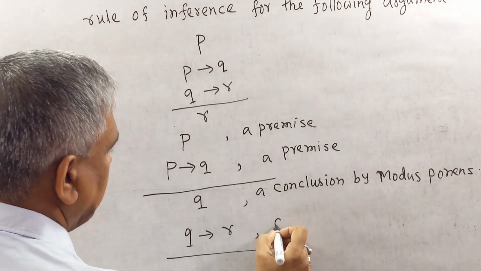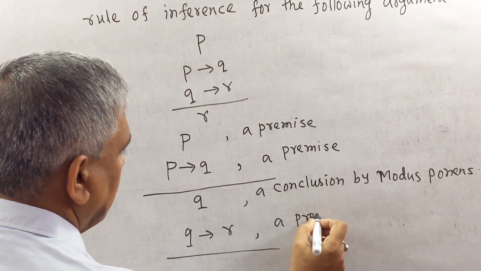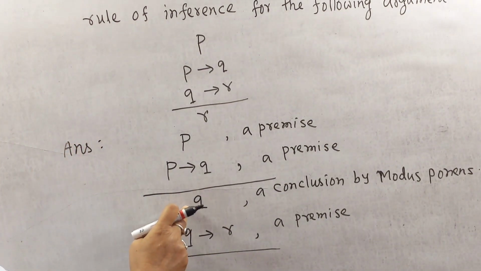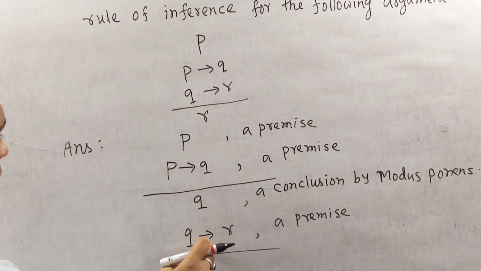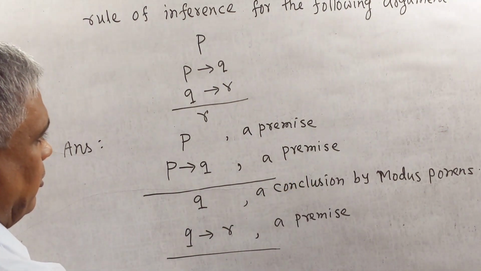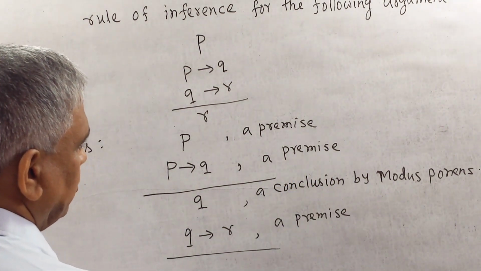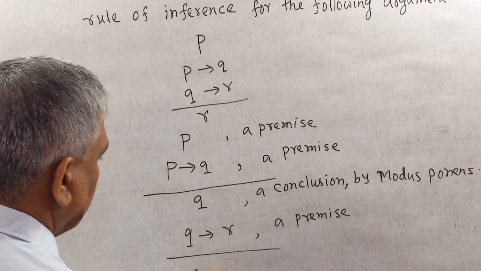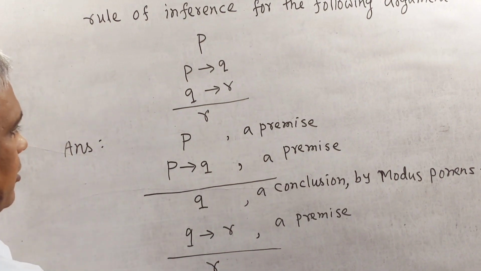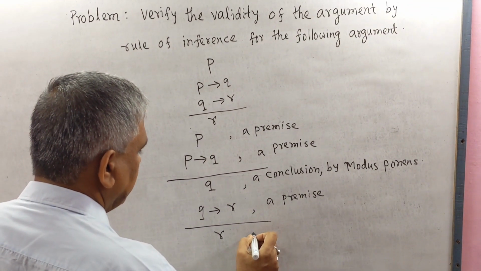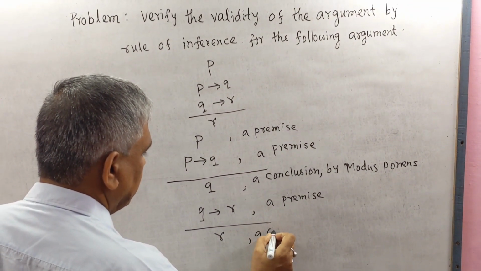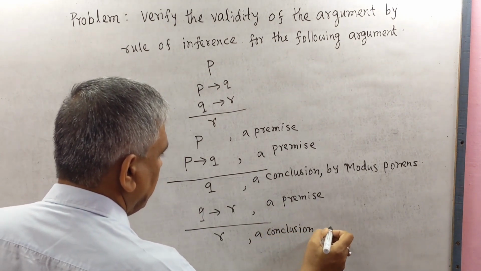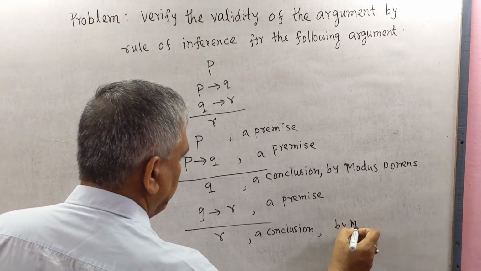This is a premise. Now with the help of two premises by modus ponens we will get this conclusion R. This is a conclusion by modus ponens.